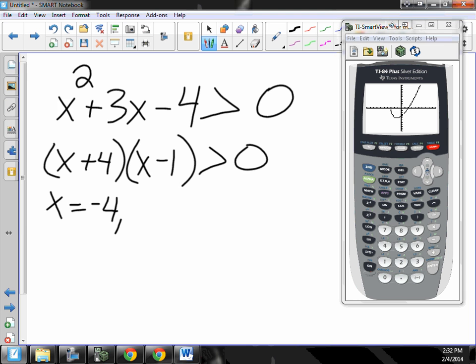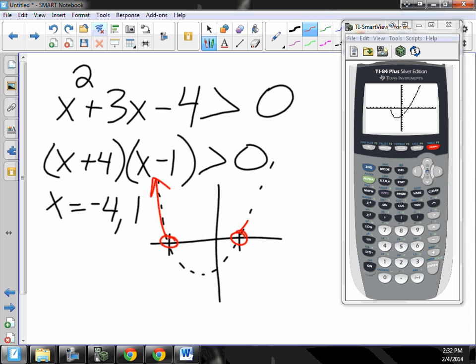Negative 4 and positive 1. So my normal graph is going to look like this. But I need every point bigger than 0, right? So not including the roots. So that's my answer.